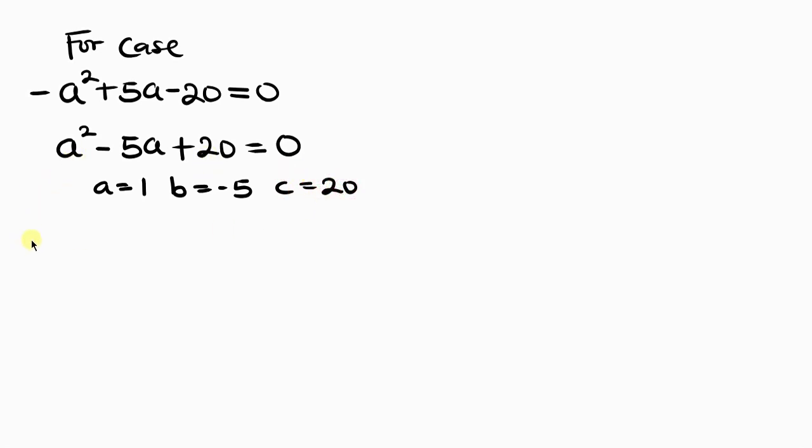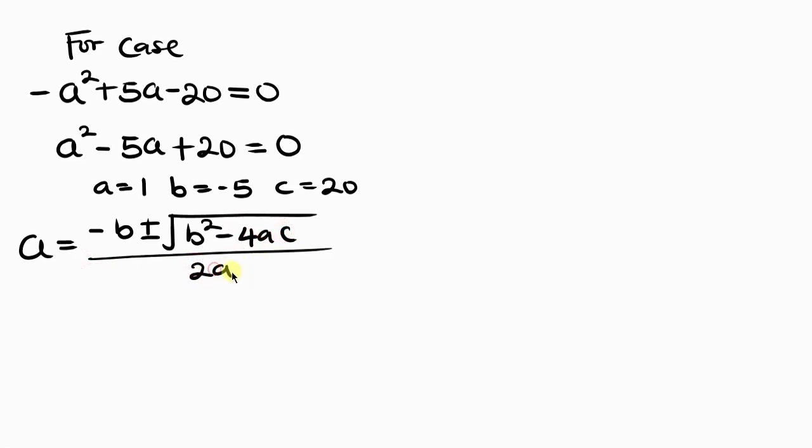So I'm looking for a. Using the quadratic formula, a is negative b plus or minus the square root of b squared minus 4ac, all over 2a.